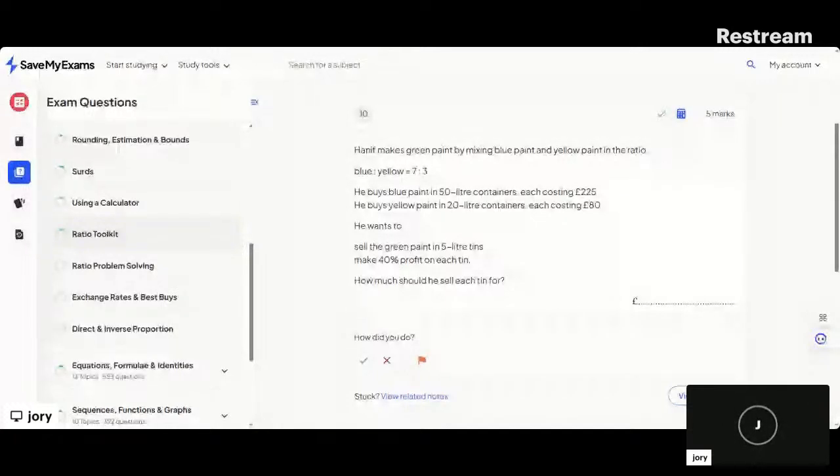If we multiply everything by 10, it'll be 140 and 60.